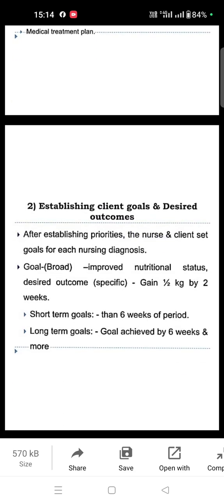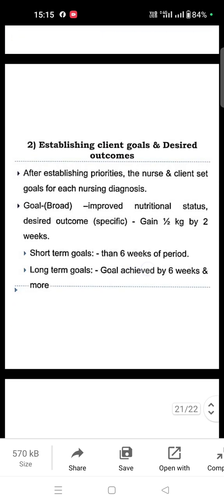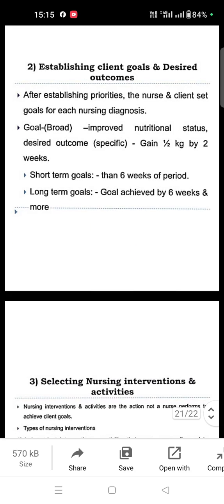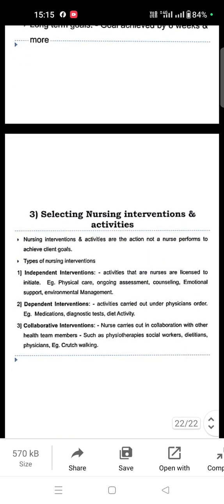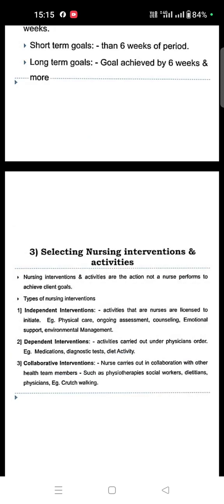Establishing the client goals and desired outcomes: after establishing priority, the nurse and client set goals for each nursing diagnosis. A goal is broad, for example nutritional status. Specific means gain or loss, for example weight gain. Short-term goals cover up to 6 weeks; long-term goals are more than 6 weeks. Selecting nursing intervention activities: they are independent, dependent, or collaborative.